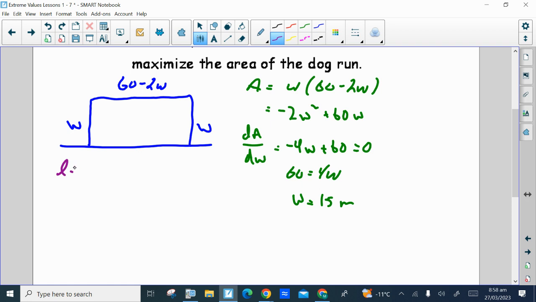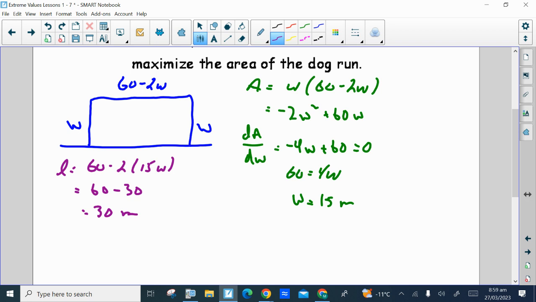Then the length is 60 minus 2W, 60 minus 30, is 30 meters. So again, there's lots of different numbers that we can put in here for the width and the length. We only have 60 meters of fencing to work with, though.